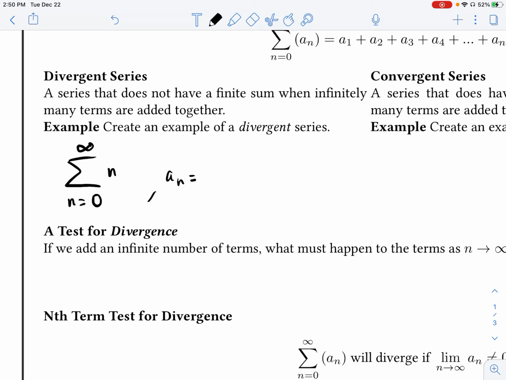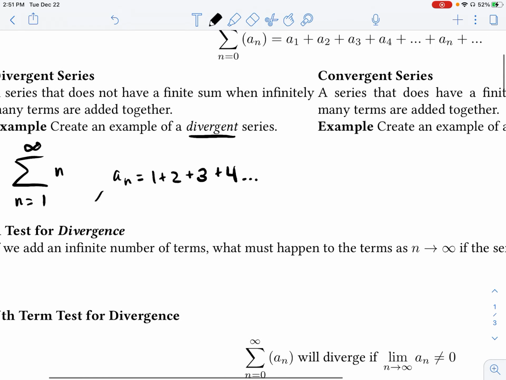It would just be 1 plus 2 plus 3, plus 4, and so on. As n approaches infinity, we're just going to continue to add a number of terms that approach infinity. So in this case, this series does not appear to have a sum that settles in or gets close to a finite numeric value. Therefore, we would say that this series is divergent.